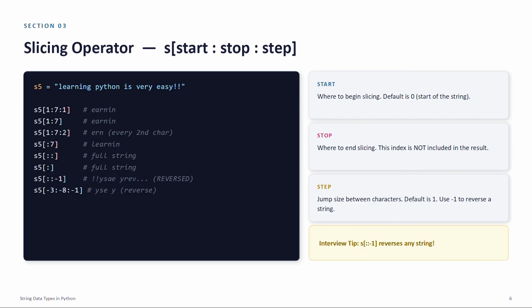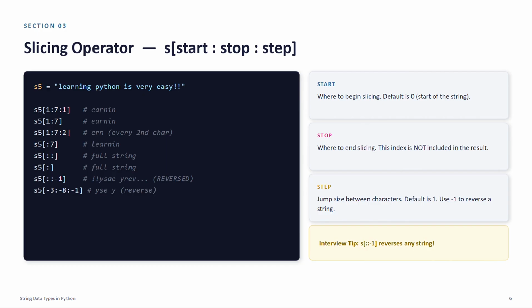So the string starts from -1, that is the exclamation mark, and then it moves directly from the right-hand side to the left-hand side, the whole string. Now in the last example, I have passed the start value, the stop value and the step value, and all the values are negative, with the step -1. So yes, it will start from the right-hand side, that is -1.